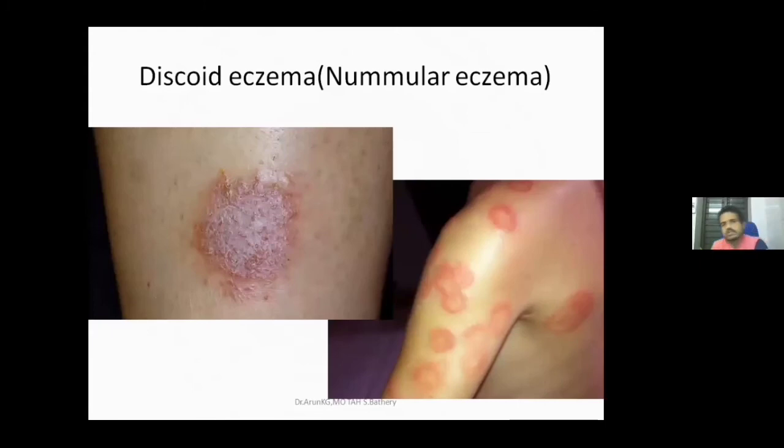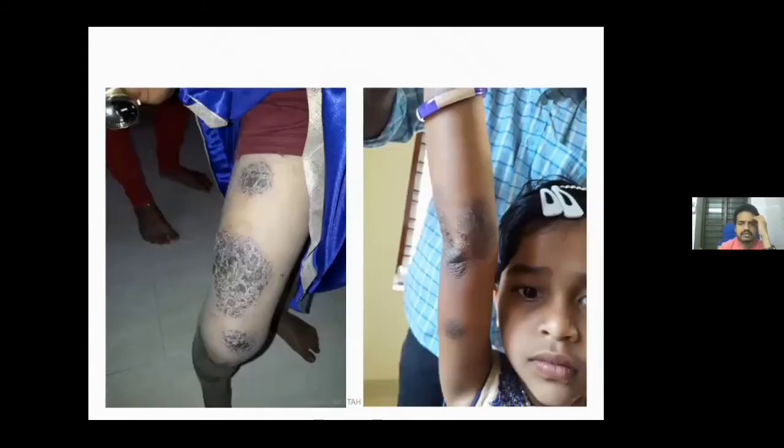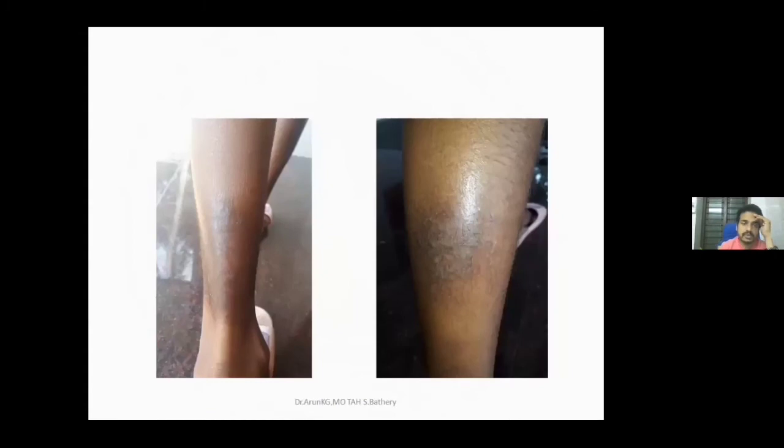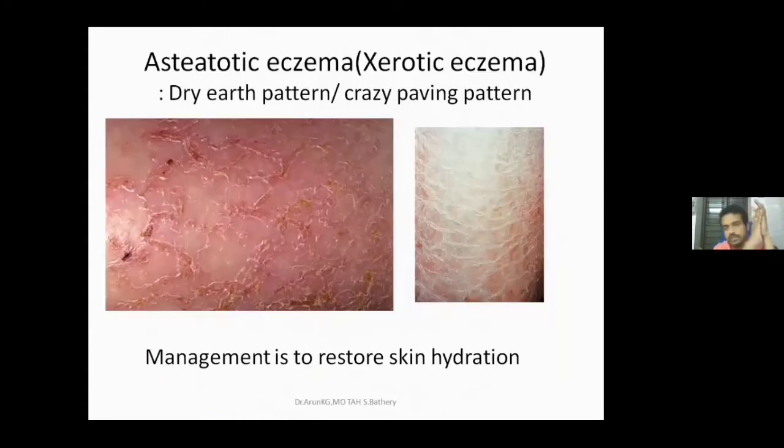Next one is discoid eczema, that is otherwise called nummular eczema. So the patient will be showing eczema which are oval or dish shape in morphology. This one is the nummular eczema keyword. Then asteatotic eczema will be there, or cirrhotic eczema. This one is more common in adult patients.